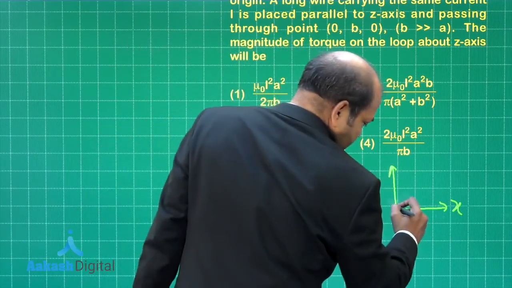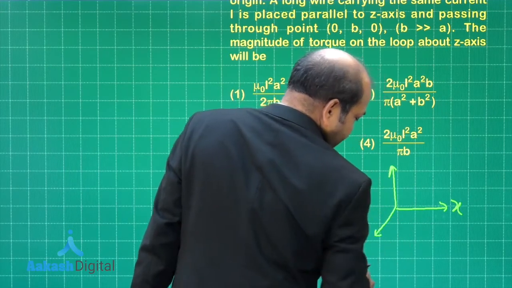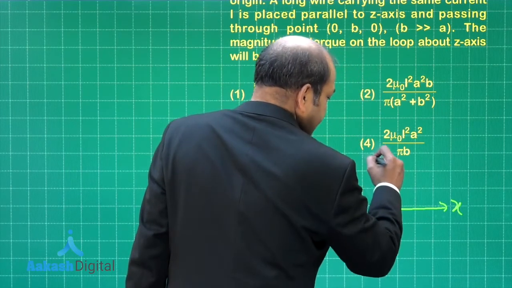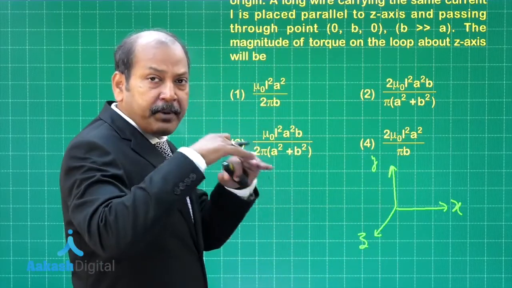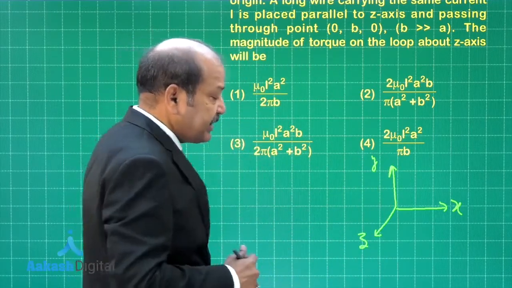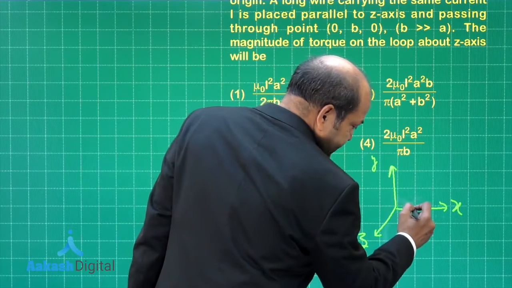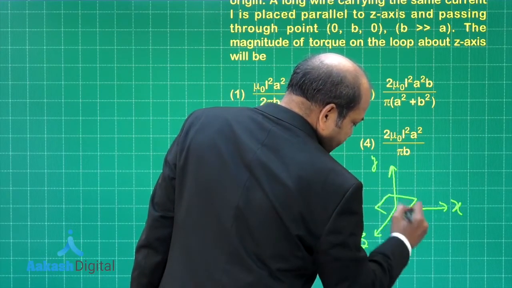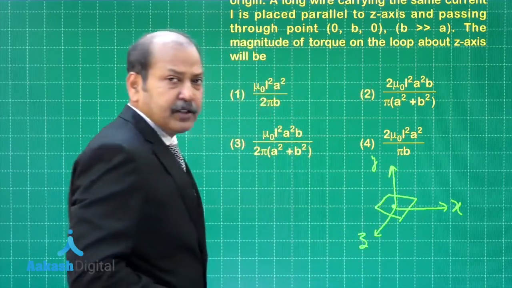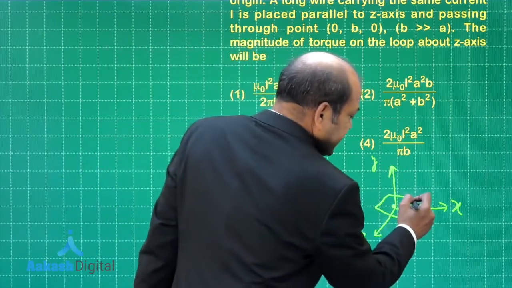So, let us draw the z axis also here. The plane of the loop is in the xz plane, so we can show it something like this.